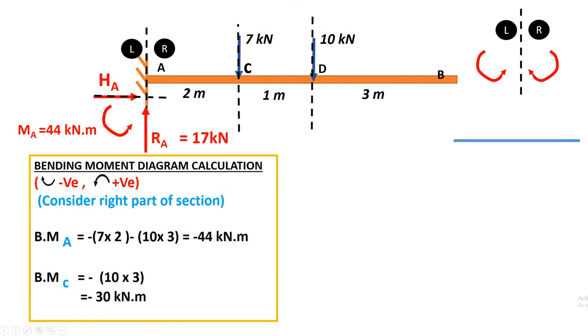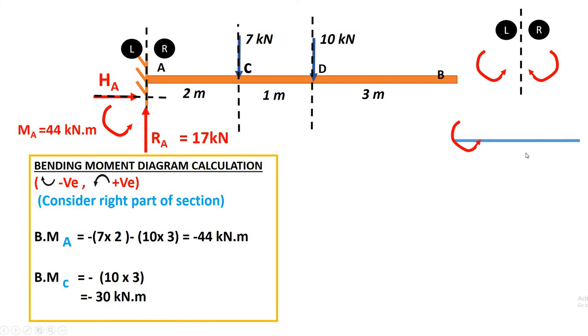Now, what about the sign convention? If you look at this force, 7 into 2, what is the type of moment? The type of moment is clockwise, yes or no? But we are considering the right part of the section. If you consider the right part of the section, then right side clockwise is negative. See over here, if I consider the right part, my clockwise moment is negative.